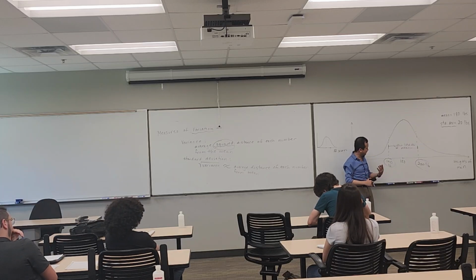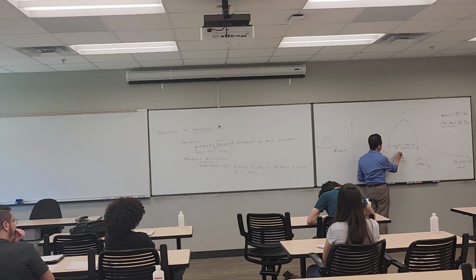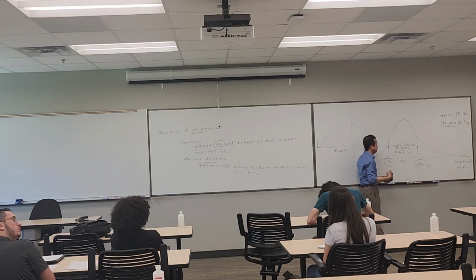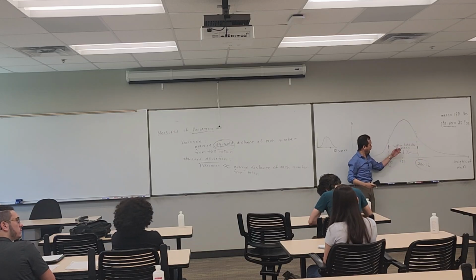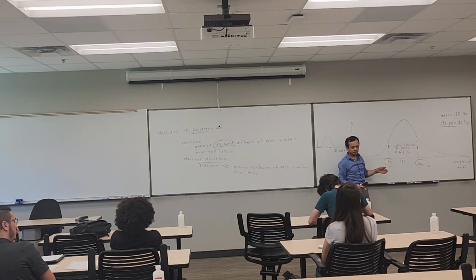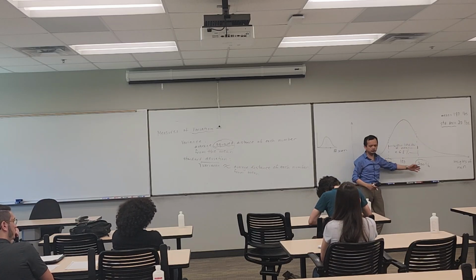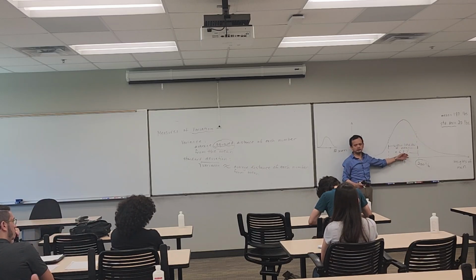That fixed percentage is 68% of the population. So 68% of all men have weights within one standard deviation of the mean, which means they weigh between 160 pounds and 200 pounds.